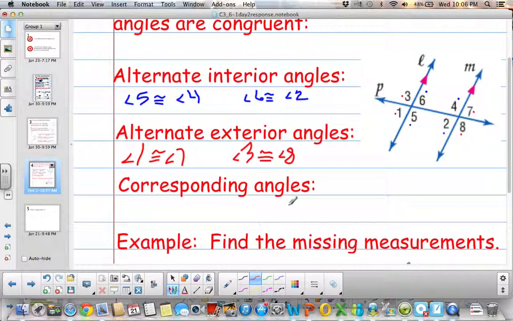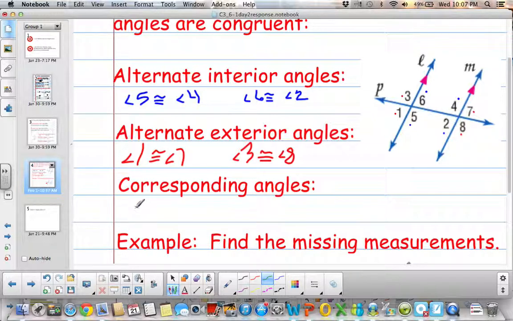And then we have our corresponding angles. Those would be our angles that are in the same position on the two lines in relation to the transversal. So which ones would those be? Let's change our color. If we look at these angles for line L and then these angles for line M, it would be the angles in the exact same position in relation to the transversal.